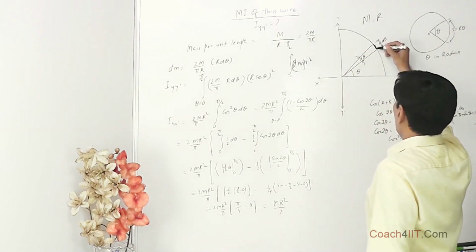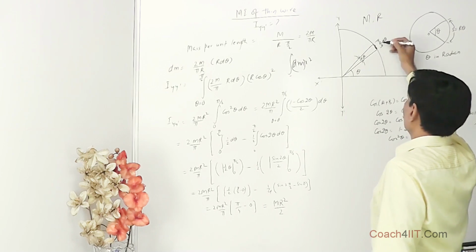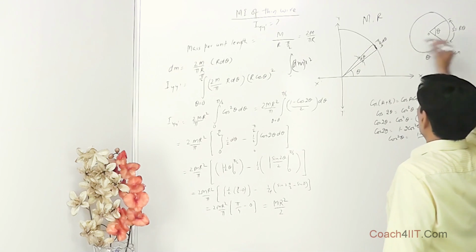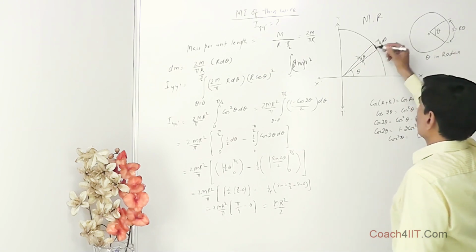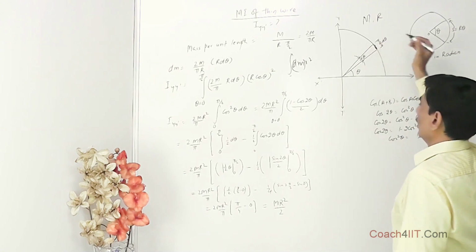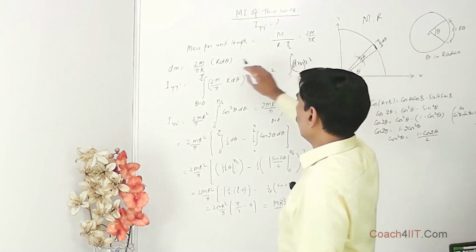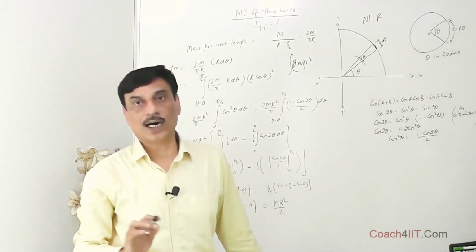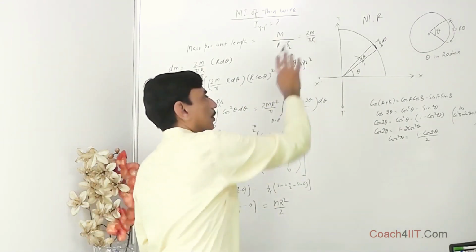Its length is r d theta, since s equals r times the enclosed angle. The mass per unit length is total mass upon total length, m upon r into pi by 2, which is 2m upon pi r.